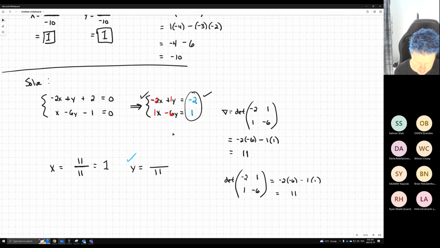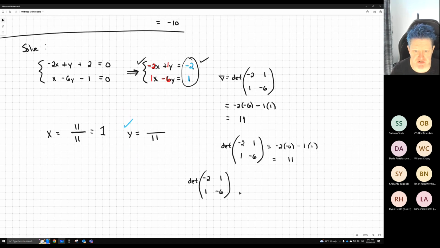Again, I'm going to copy del down, or the matrix. And this time I'm going to replace the y column, which is the 1 and the -6, with the right-hand side. Now that gives us -2 times 1 minus 1 times -2.